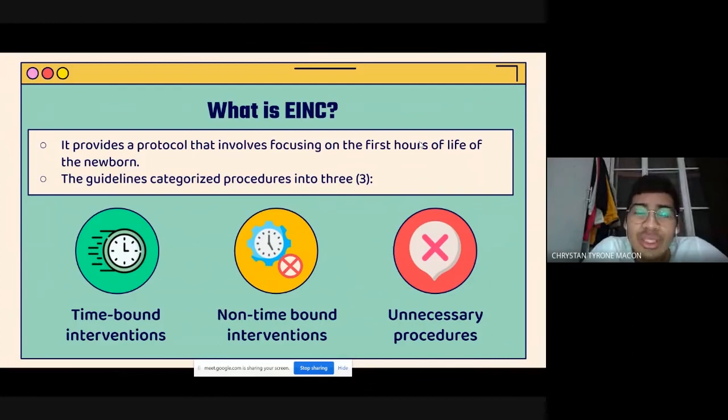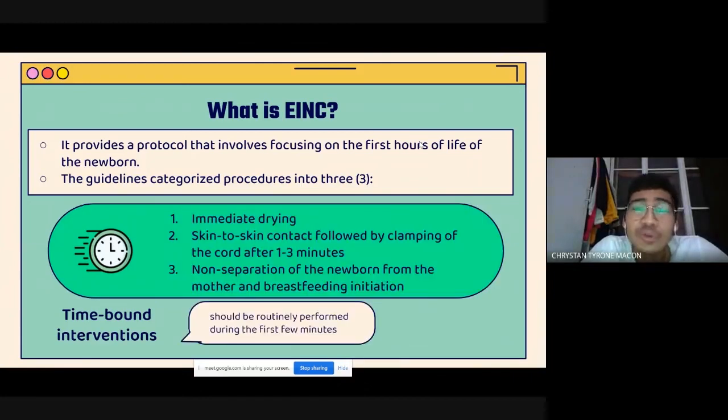So, i-discuss ko po sa inyo, isa-isa po ito, upang pong maituro sa inyo ang kahalagahan at kung bakit po ito ginagawa. So, unang-una po, ano ang time-bound intervention? Ito po ang mga routines na ginagawa ng mga nurse during the first few minutes po ng pagkapanganak ni baby.